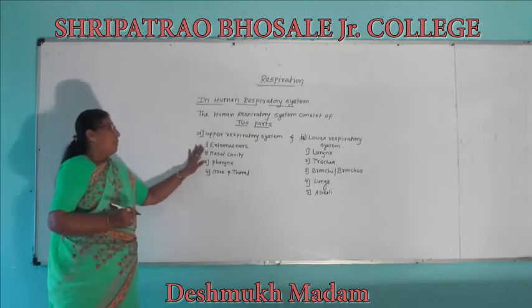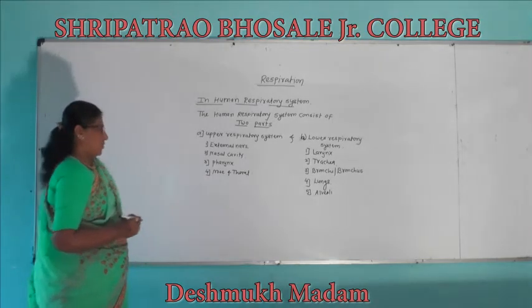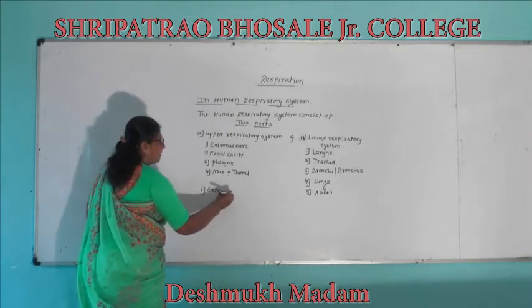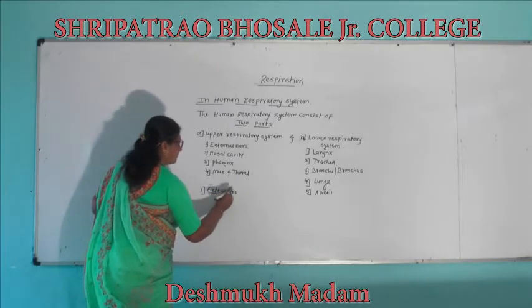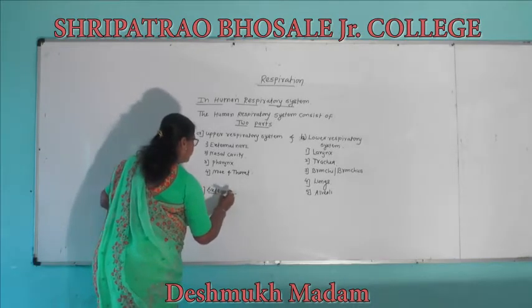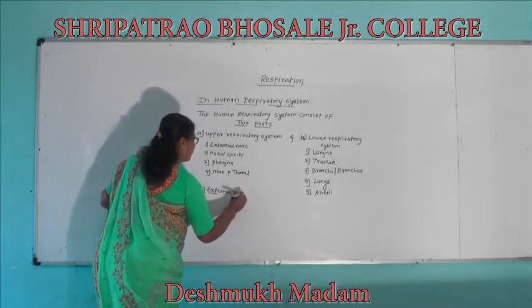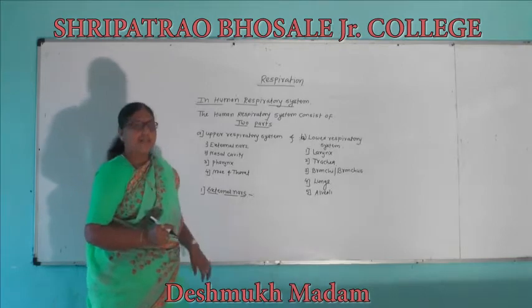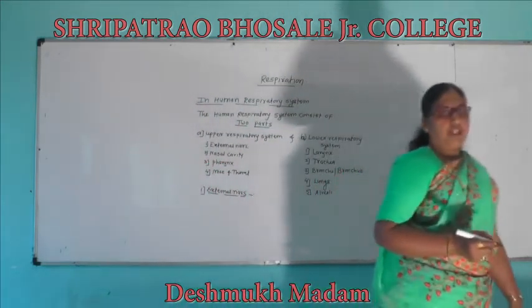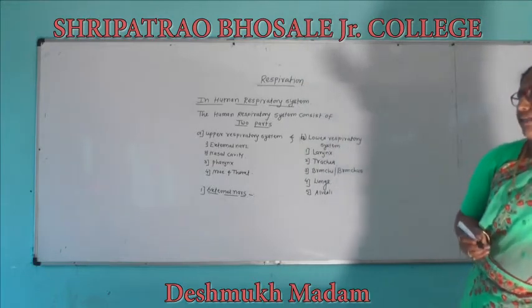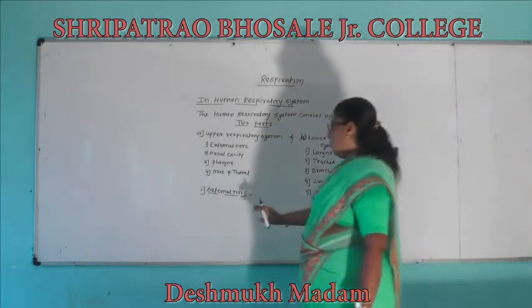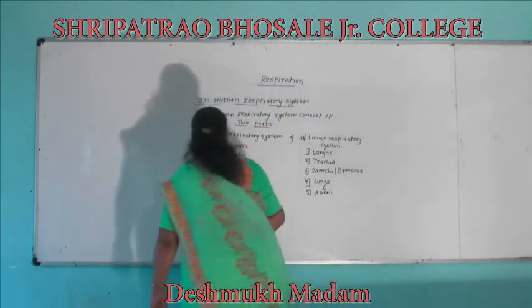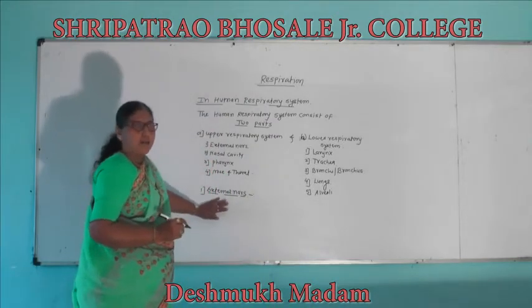The first part is the external nares. The external nares are the outermost slit-like openings of the nostrils.